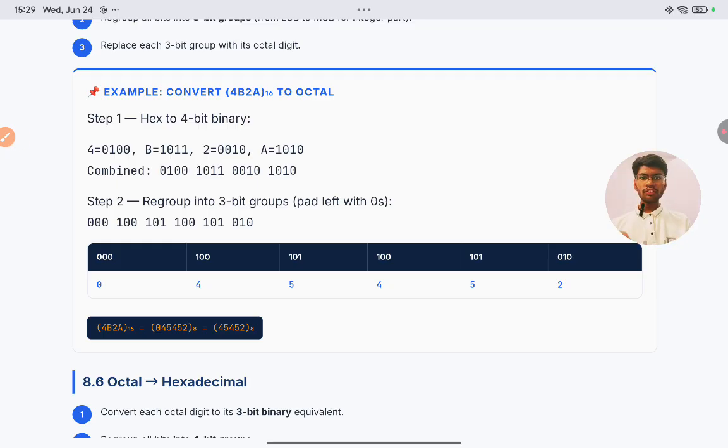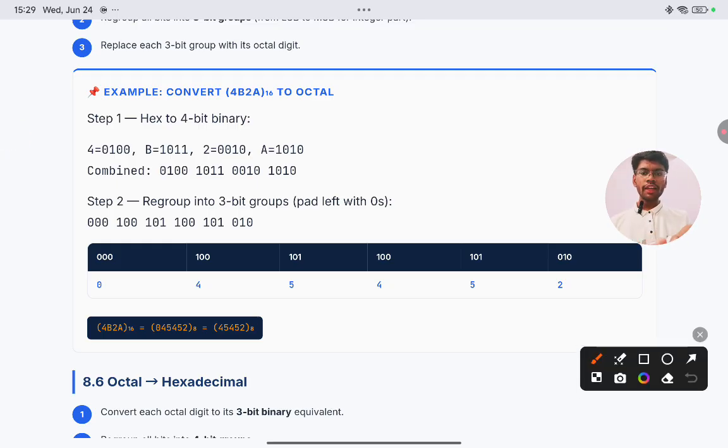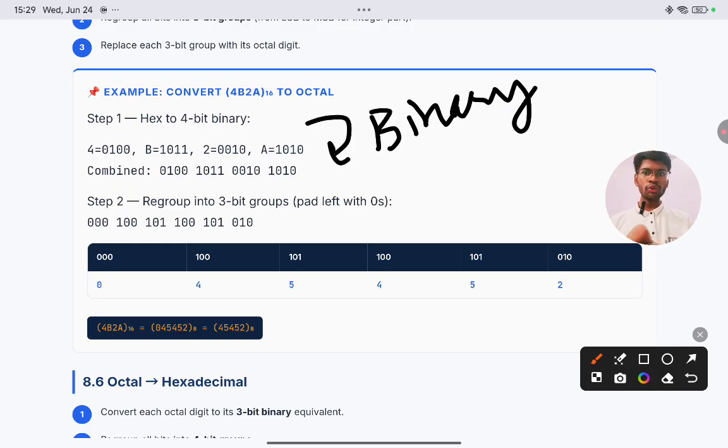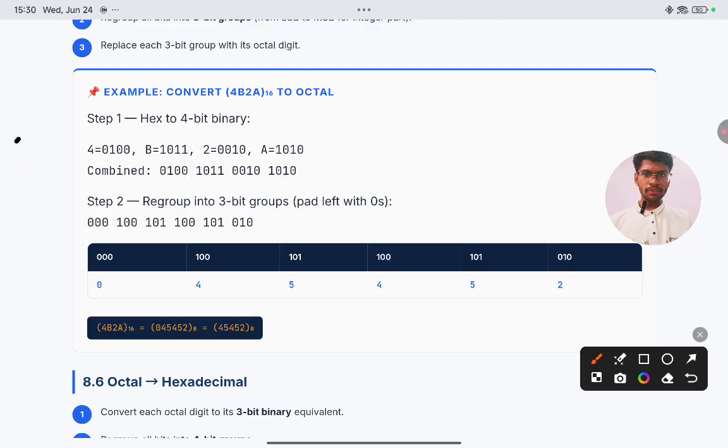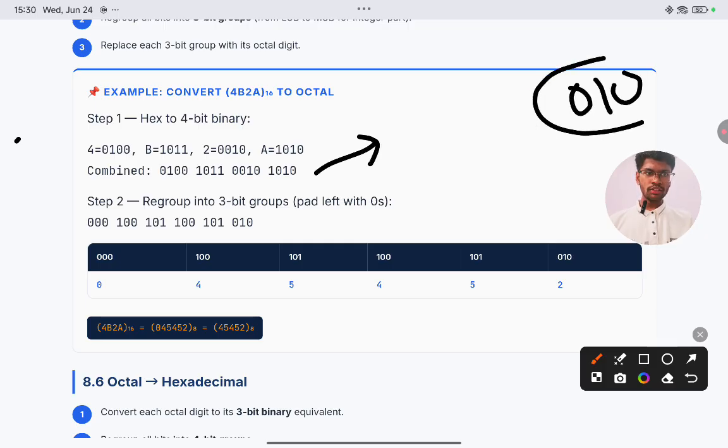I write this in this format for hexadecimal to octal conversion. First, we need to convert it into binary form. You group this in 4 bits, write its binary equivalent, then regroup this into 3-bit groups. Right? Let's visualize the number. 010 is one triplet.